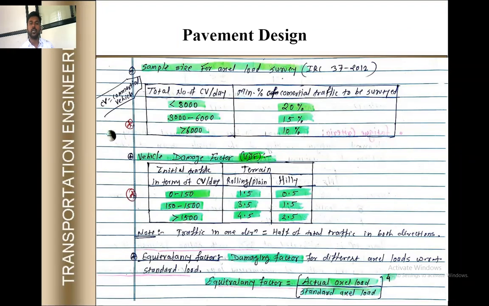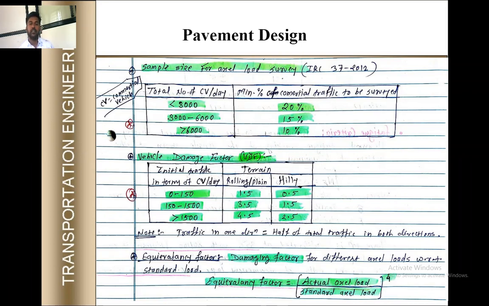In the next column, write down terrain. In that, make 2 columns, rolling or plain and hilly. These are very important factors. They are required whenever we are designing the feasible project.